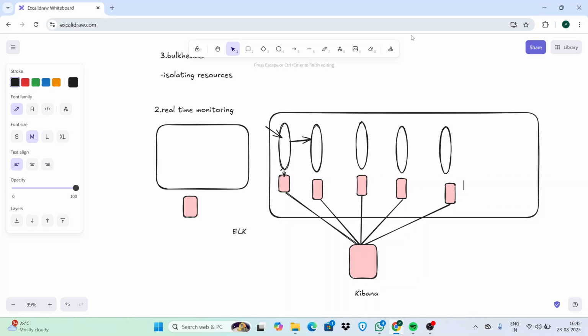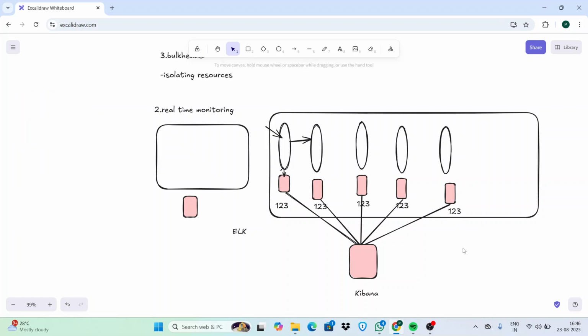For example, consider the trace ID of this request is 123. This is the log generated for 123, and this is also the log generated for 123. So with the trace ID, the developer can understand the response of one trace ID.